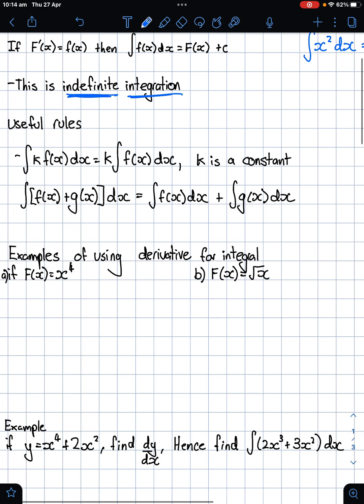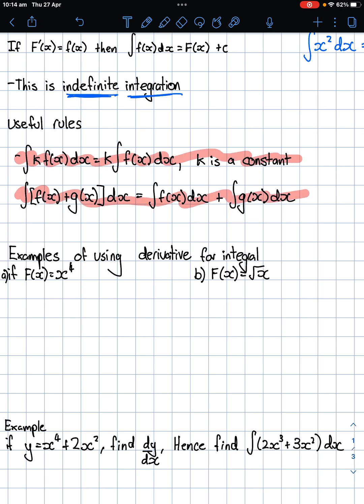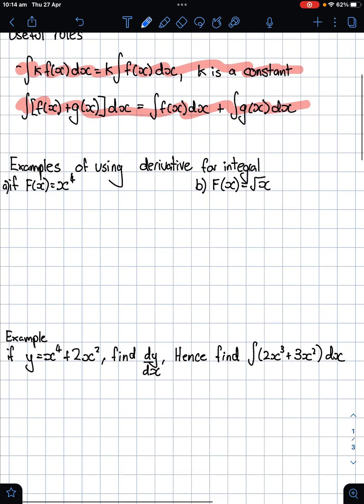All right. Now, there's a couple of rules here, which are from our text. These are going to be super handy in helping us simplify these. So I'm just going to keep rolling here. The idea in this first bit is that if we take the derivative of something, we can then figure out the integral. So if f of x equals x to the 4, the derivative f dash of x is going to equal 4x cubed.